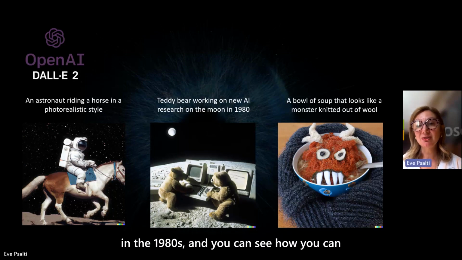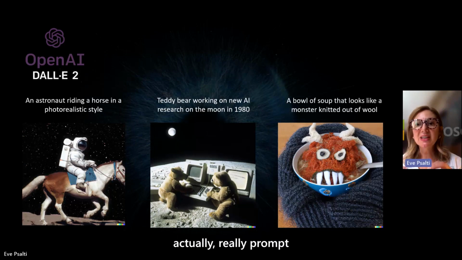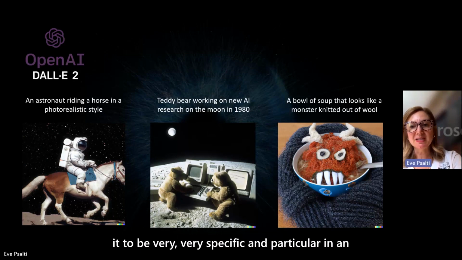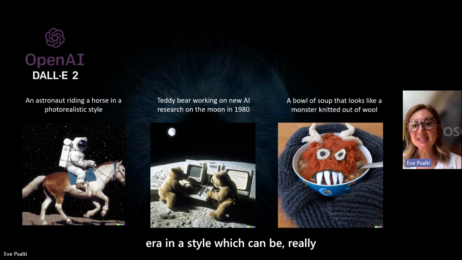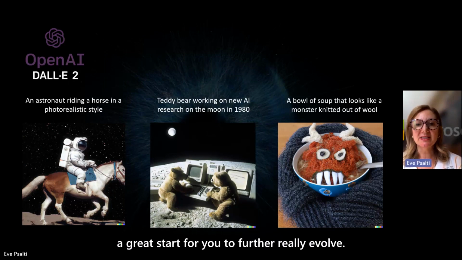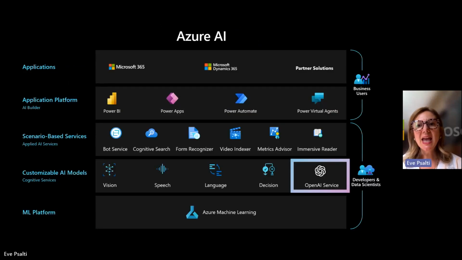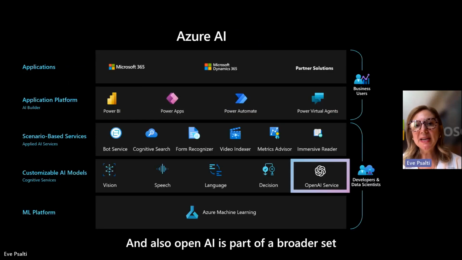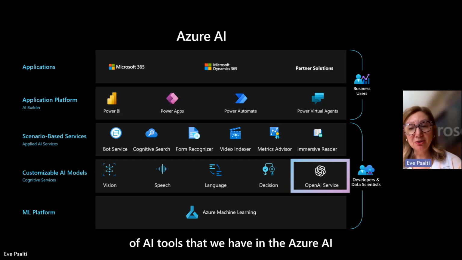And you can see how you can really prompt it to be very specific and particular in an era, in a style, which can be a great start for you to further evolve.